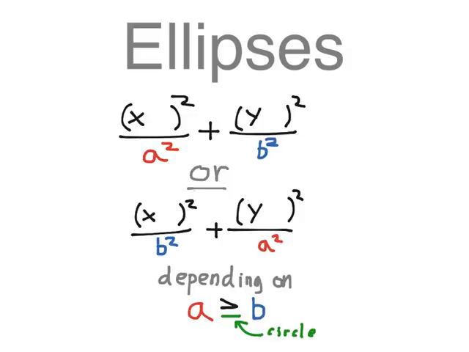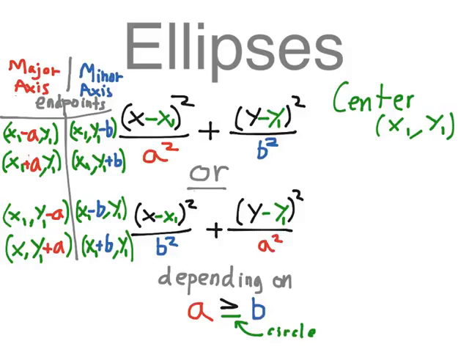So, just as we've done with circles, I can take my original equation for an ellipse and just shift it over so that it has a new center. So these equations have a center at (x1, y1).